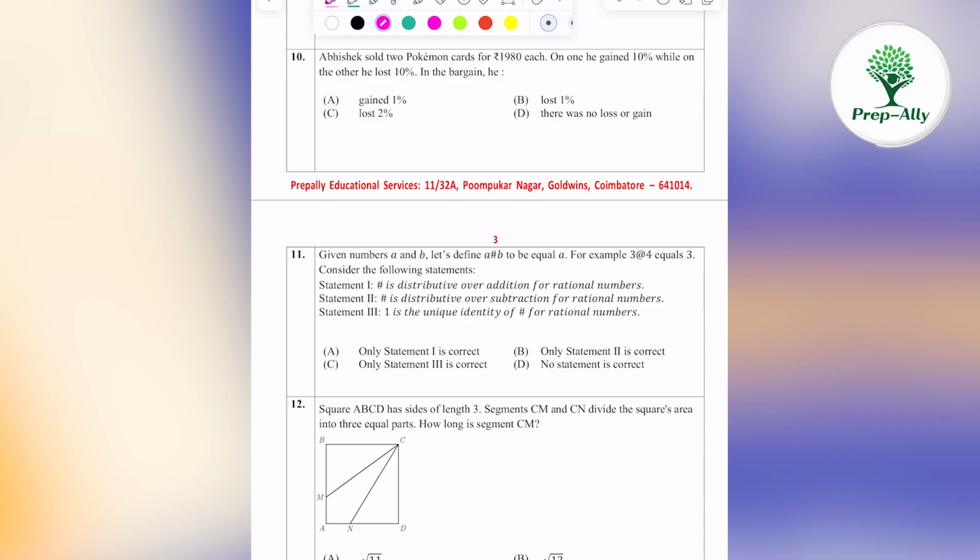Now the question number 10. Here it is given Abhishek sold 2 Pokemon cards at this amount, and on one he gained 10% profit and on another he got 10% loss.